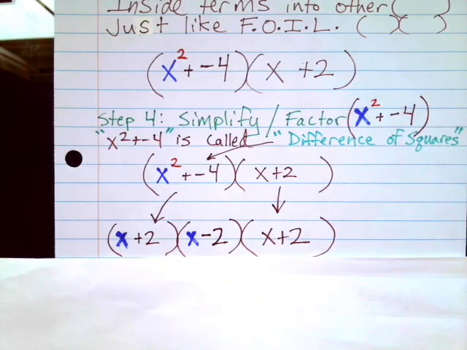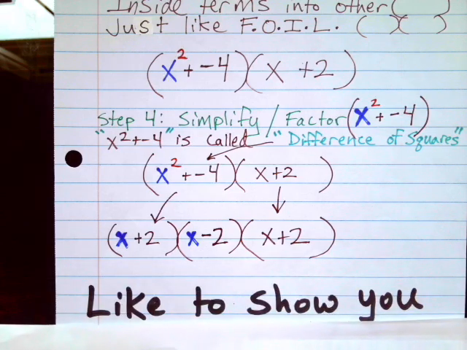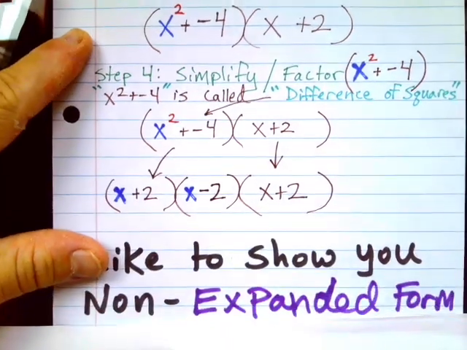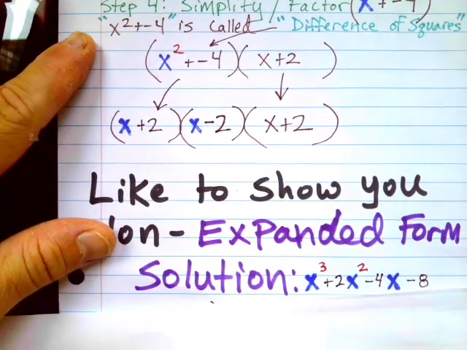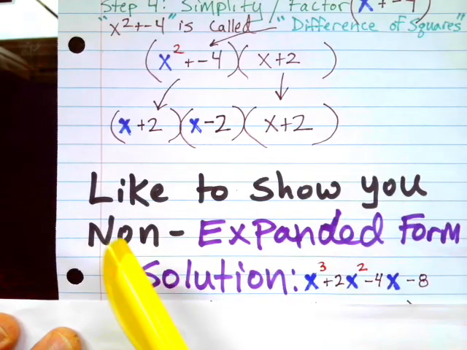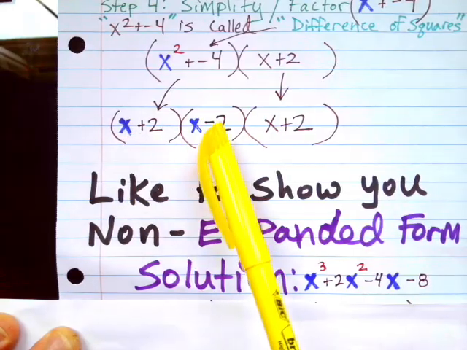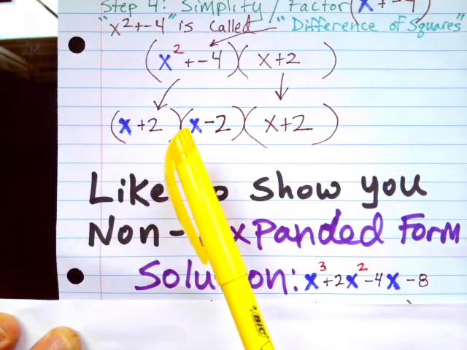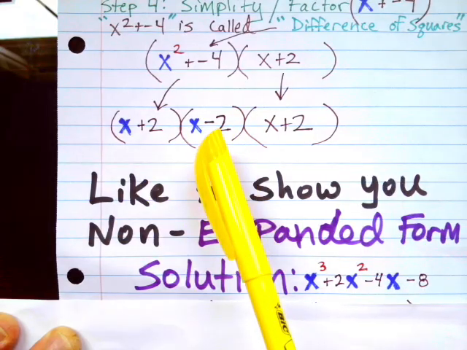Now you're going to check your answer by multiplying all of these together. For example, you would use FOIL: x times x, x times -2, +2 times x, +2 times -2, and combine like terms.